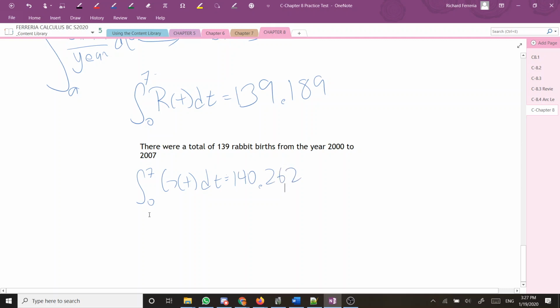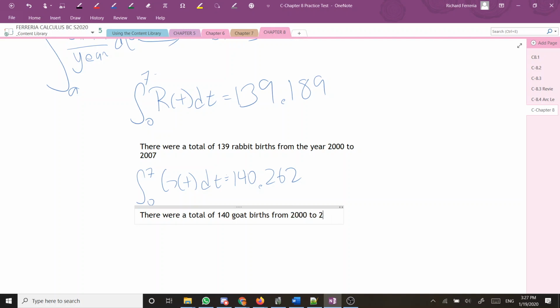Again, we're just going to type one small sentence of context. So there were a total of 140 goat births, not beet, goat births, from 2000 to 2007. There we go. That's our question 11.